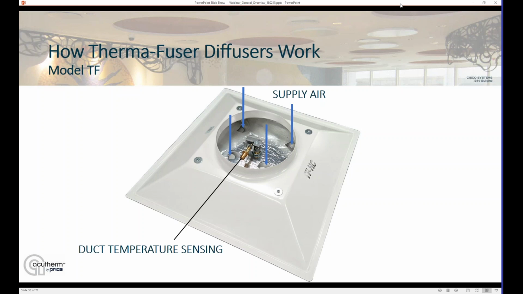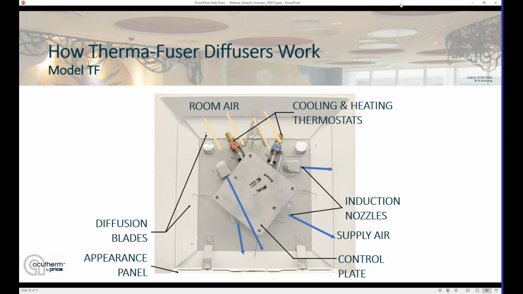Also shown in that photo are those 4 blue arrows pointing at 4 induction nozzles. Those nozzles provide a little bit of supply air through the nozzle, and they blow out on the room side. Generally, you can see the blue arrows toward the lower right of that photograph.